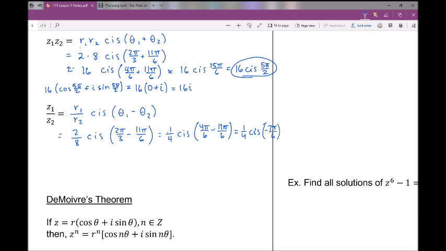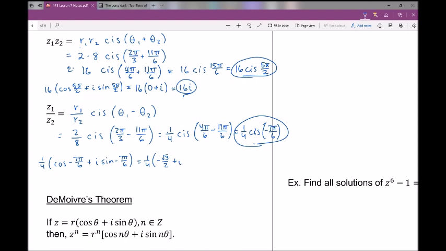So again, this is the polar form, but what we want is the rectangular form. So we just need to write this in its expanded form and simplify. So we have 1/4 times the cosine of negative 7 pi over 6 plus i times the sine of negative 7 pi over 6. And if we simplify that, we have 1/4. The cosine of negative 7 pi over 6 is negative root 3 over 2.